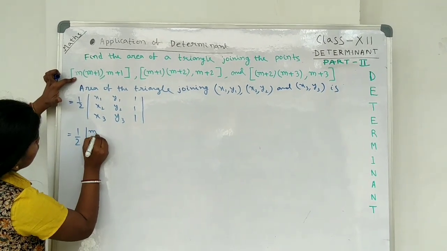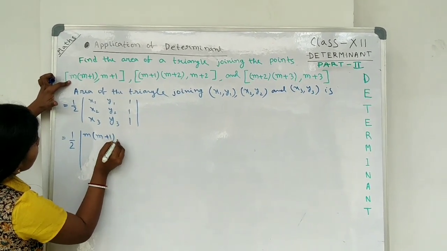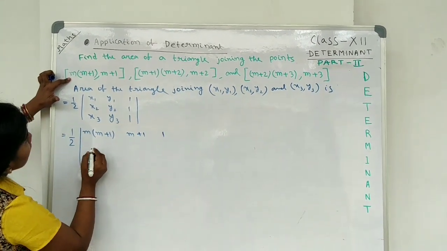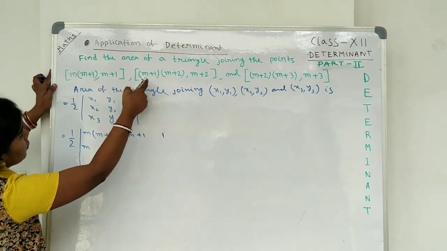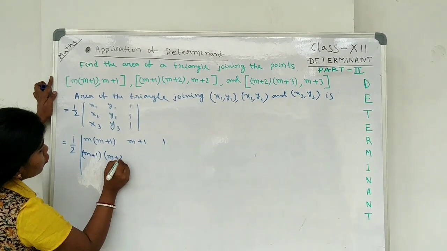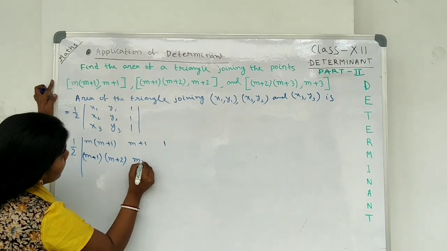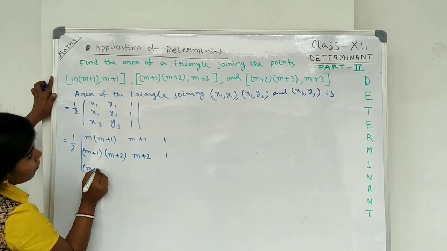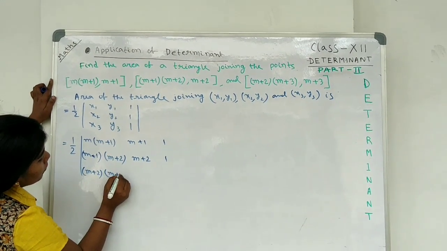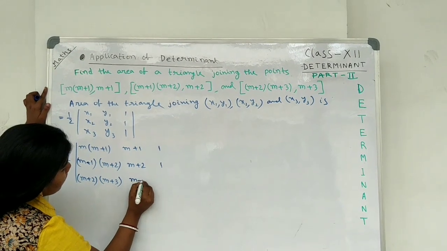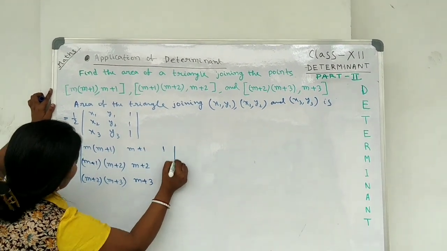x1 is m into m plus 1, m plus 1, 1; x2 that is m plus 1 into m plus 2, m plus 2, 1; m plus 2 into m plus 3, m plus 3, 1.